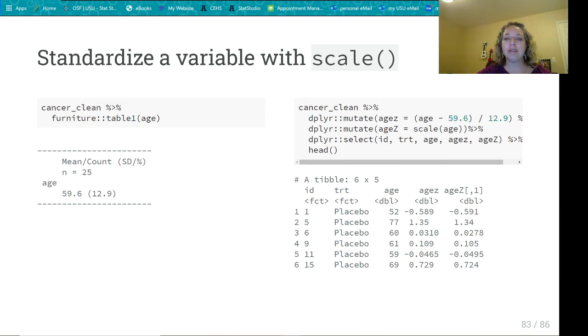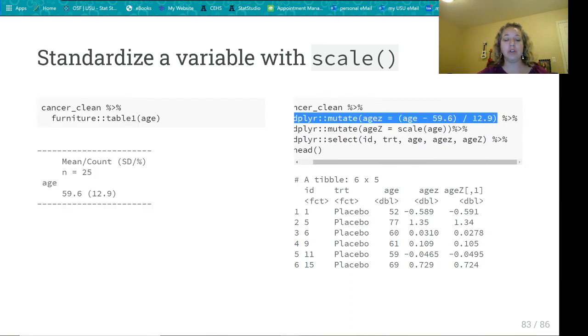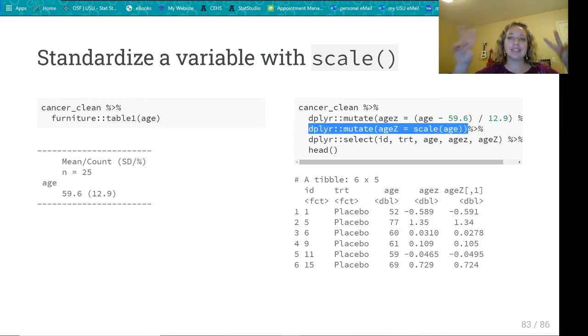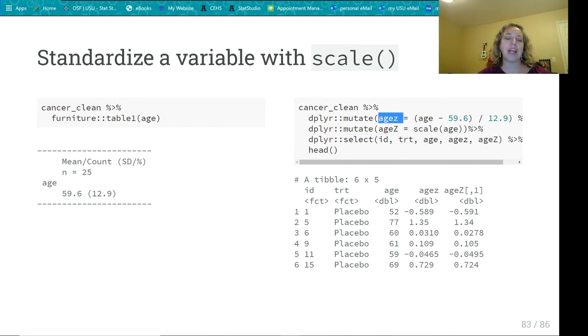So here I've done it manually, which you're free to do, but you have to find out what the mean and standard deviation are before you can. Or we can use this scale command. You'll notice that the first variable I named age with a lowercase z, and the second variable I'm naming age with a capital Z, so I can tell them apart. Because remember, R is very concerned with capitalization, so it will know that these are two separate variables.